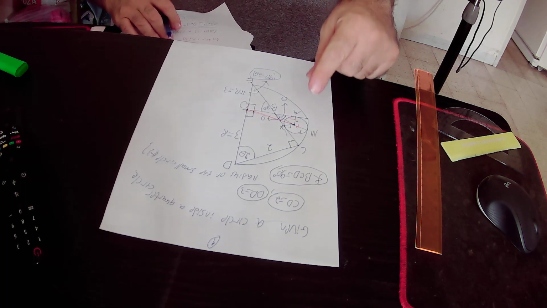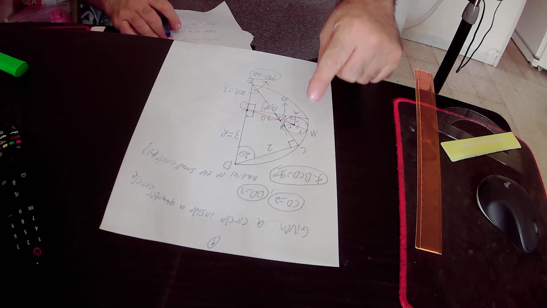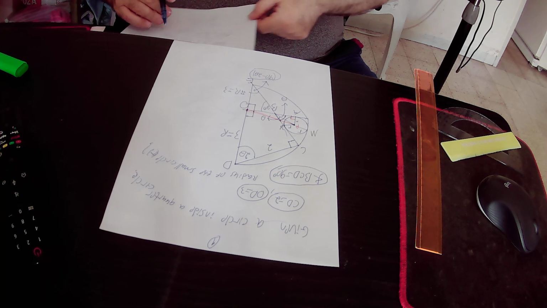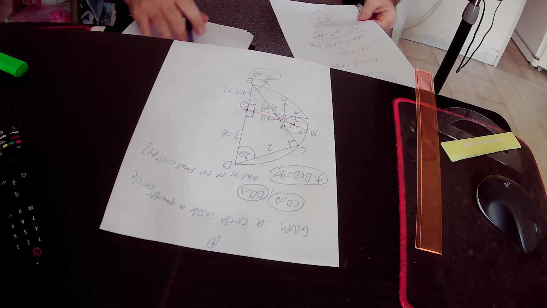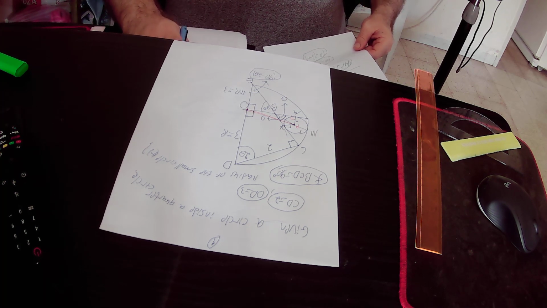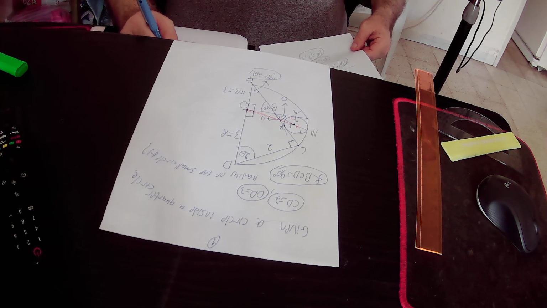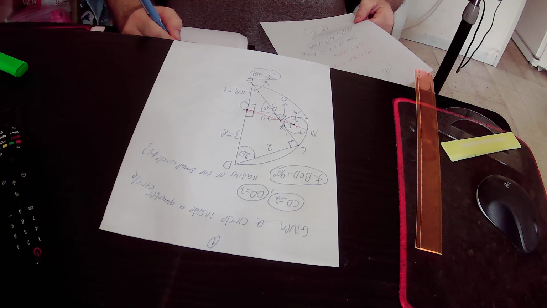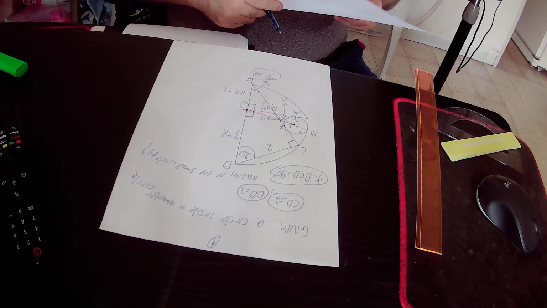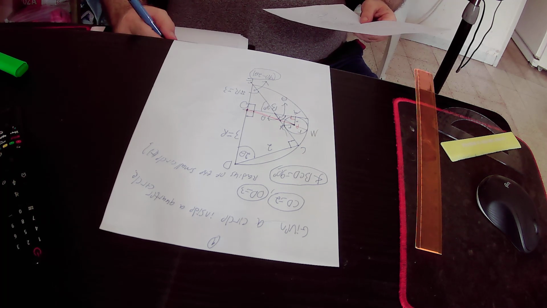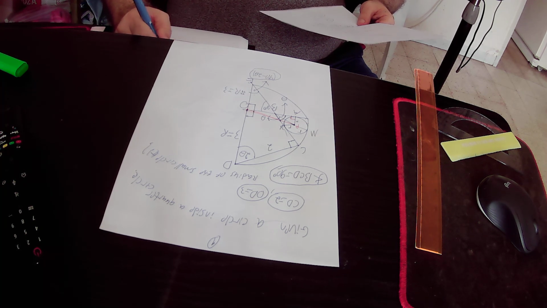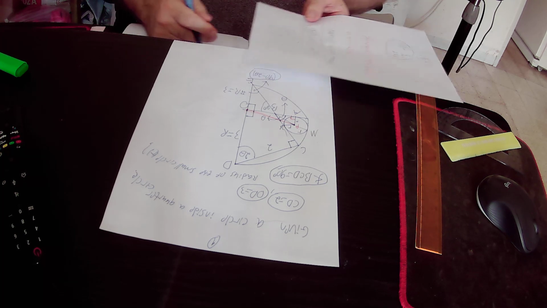And AP is the radius of the small circle. So AP square is r square, plus AO square. AO, I will leave it as it is.